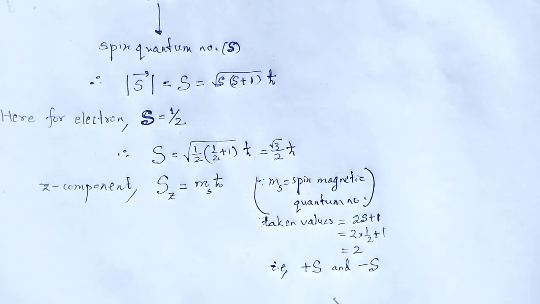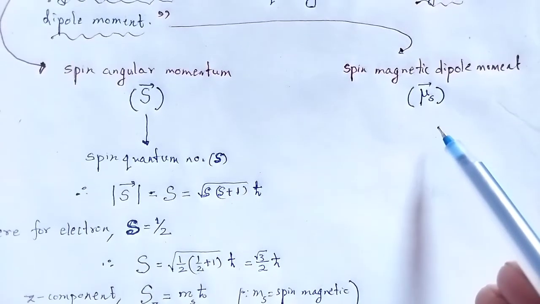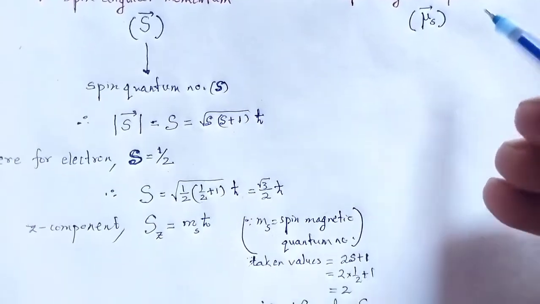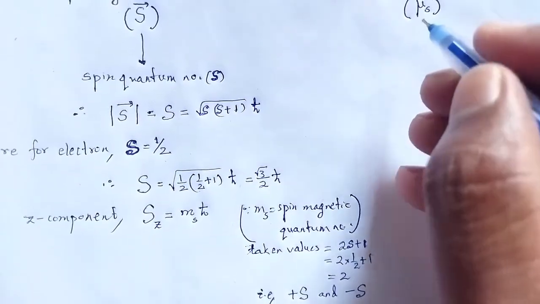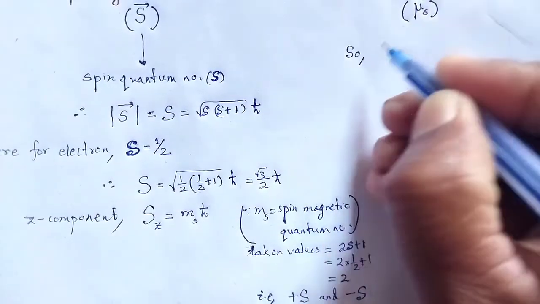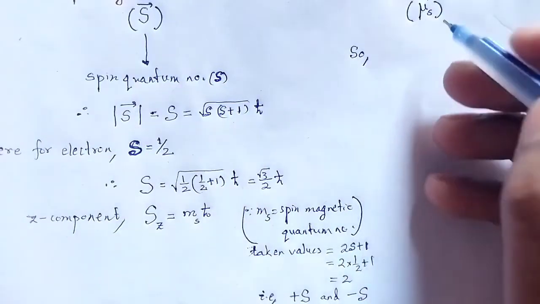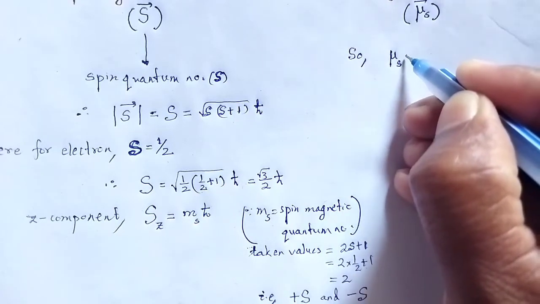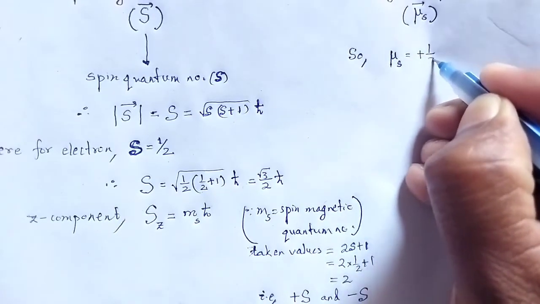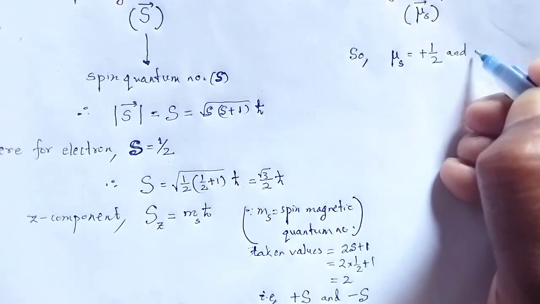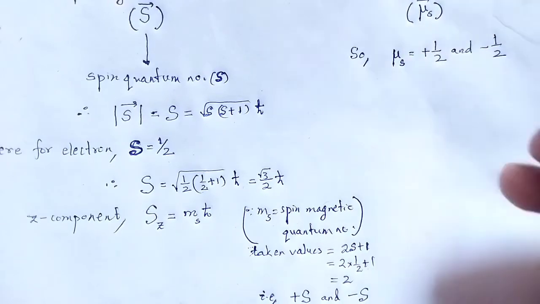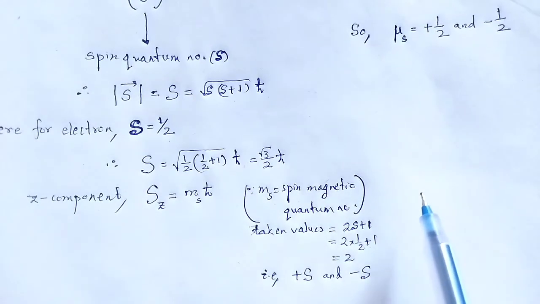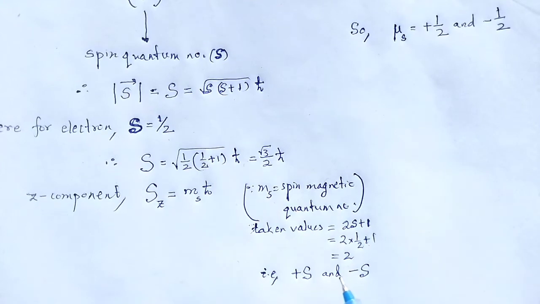Here mu of s is the spin magnetic dipole moment. So we consider the electron. mu of s is equal to plus half and minus half, since it has 2 aligned values.